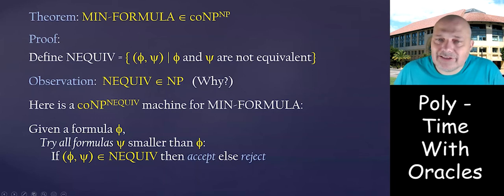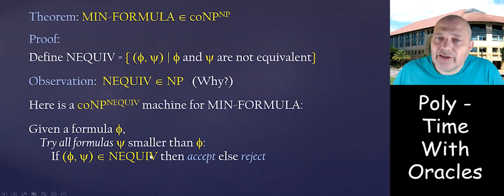Now, why does it solve MIN-FORMULA? Because a formula is minimal if there is no smaller psi that is equivalent.